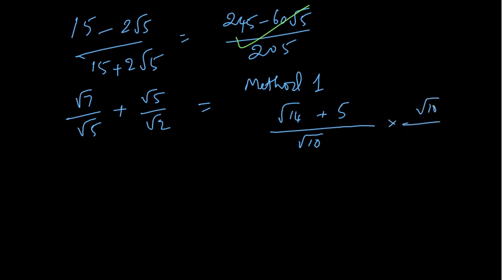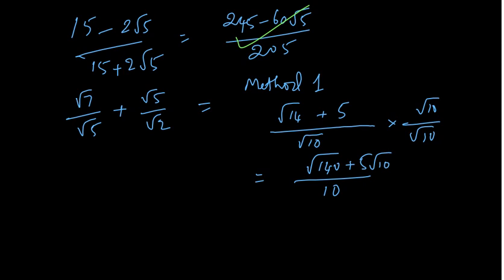So root 10 divided by root 10. Now the denominator becomes 10 and this becomes root of 140 plus 5 root 10. So you can leave that in this form. This is method number 1.